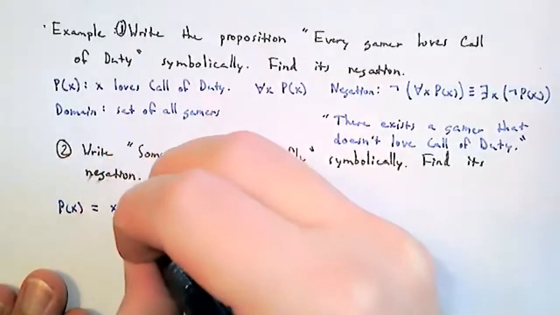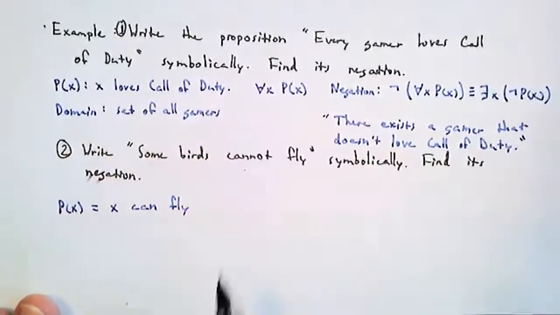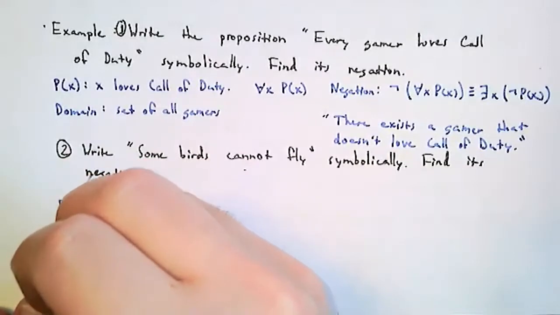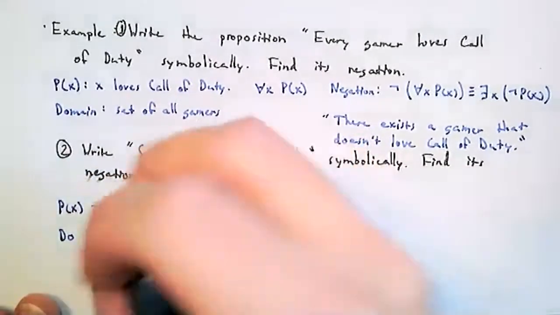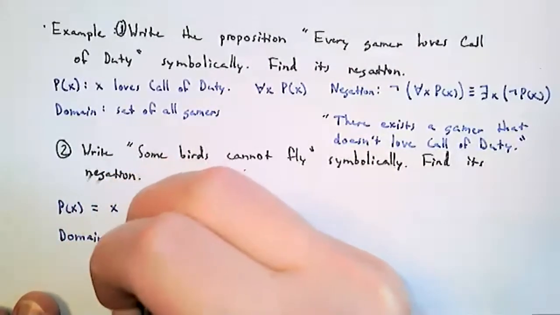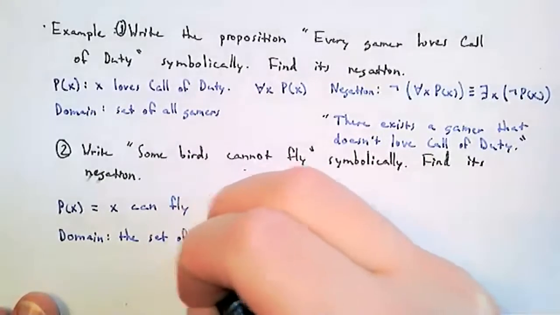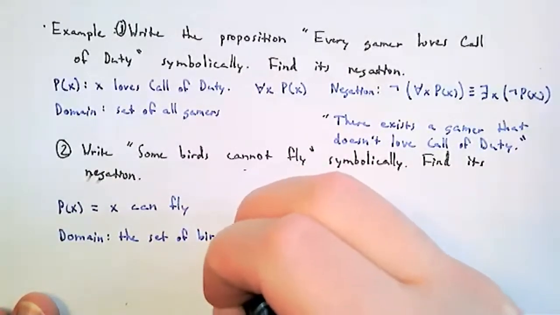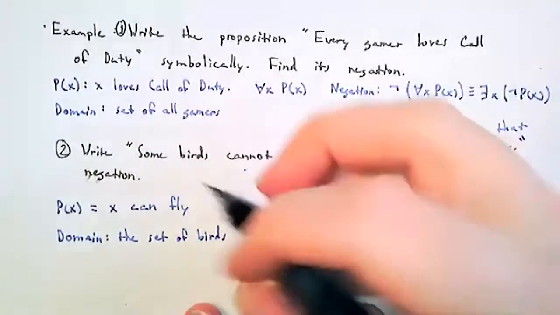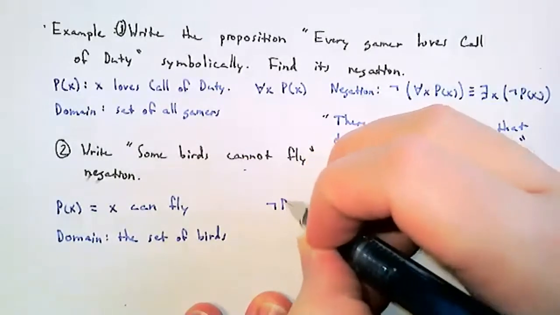So it would be X can fly. And then our domain of discourse should be the set of birds. And this sentence includes a negation, so it's going to have a not P of X.